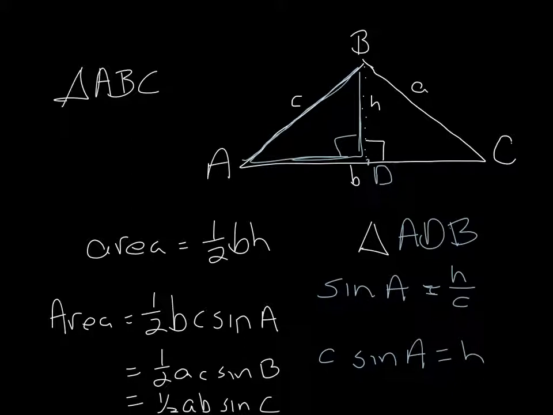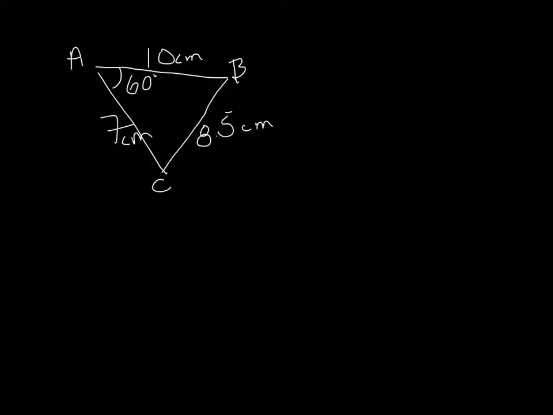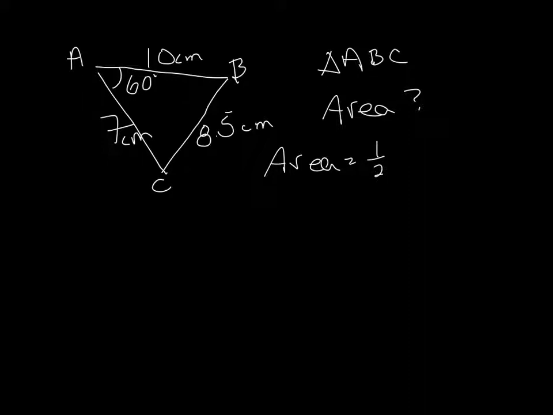So let's take a look at an example. Say we have this triangle. I'll call it triangle ABC, and our units on each side are in centimeters, and it gives our angle of 60 degrees. We want to find the area of this triangle. So let's use our new formula. Area is going to be equal to 1/2. Now, which sides do we use? Do we use the 10, the 8.5, or the 7?